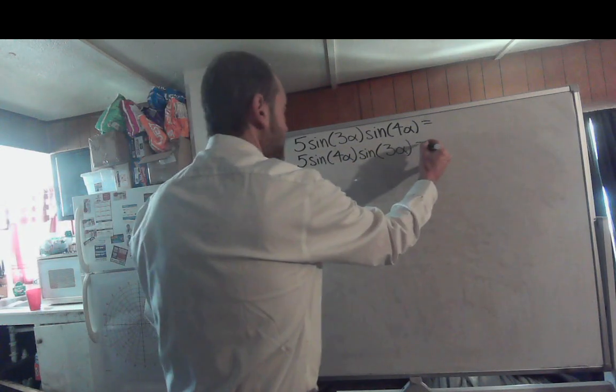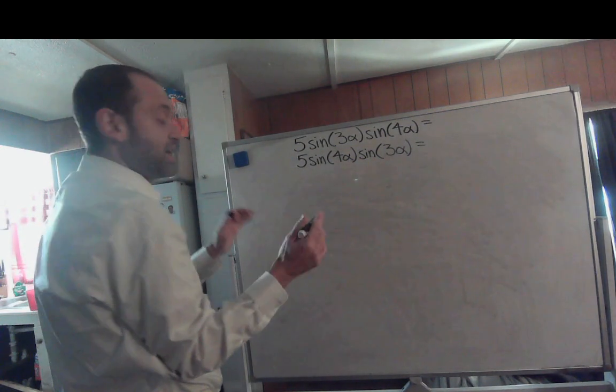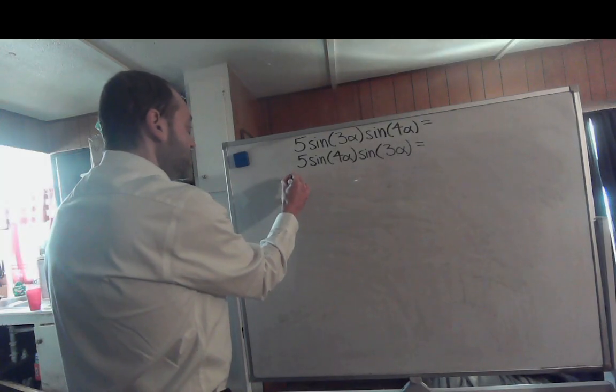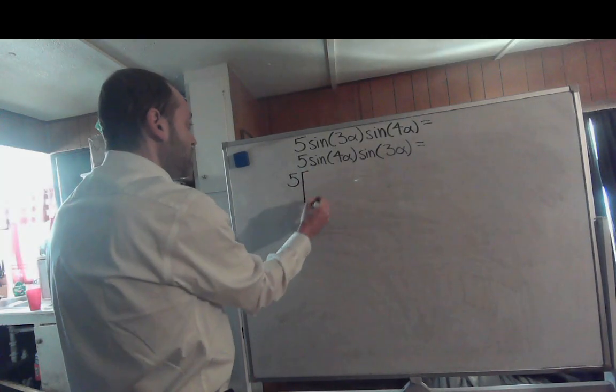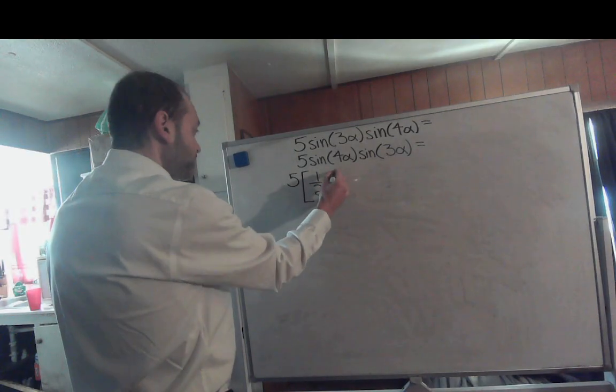Now we can apply the product of sum rule for the sine function. So this would be 5 times the quantity of 1/2.